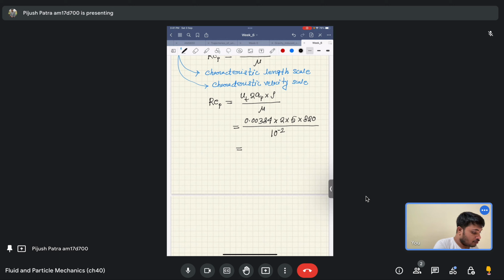0.00384 into 2 into 5. Sorry, there is a mistake. It is 5 into 10 raised to minus 5 into 820.